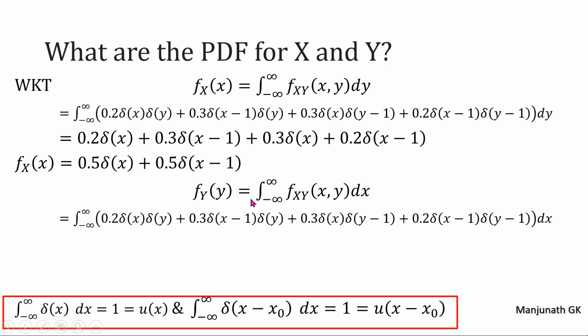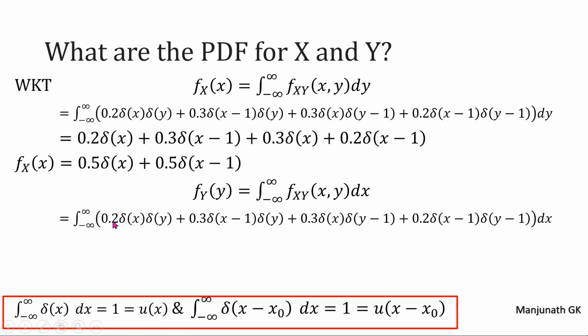Calculation of fy of y: integrating the bivariate PDF with respect to x. Substitute the value of the bivariate PDF and integrate with respect to x. From the first term, 0.2 and delta y are constant because it is being integrated with respect to x, so take them outside. Integration of delta of x dx can be replaced by u of x, which is the value 1.